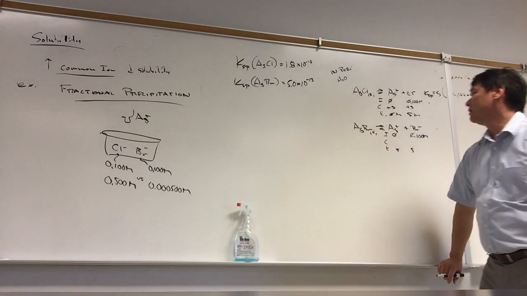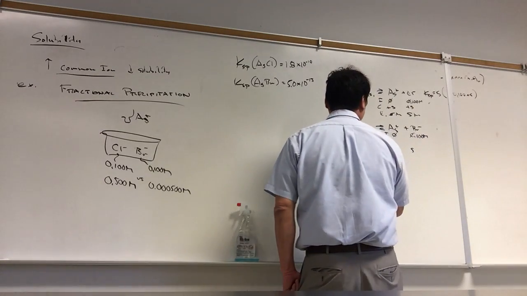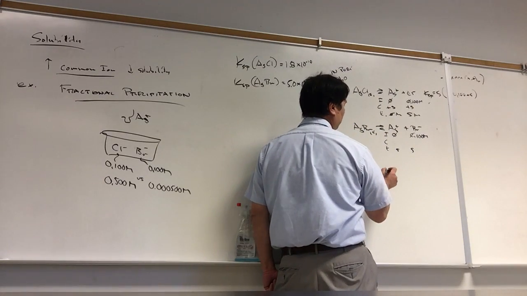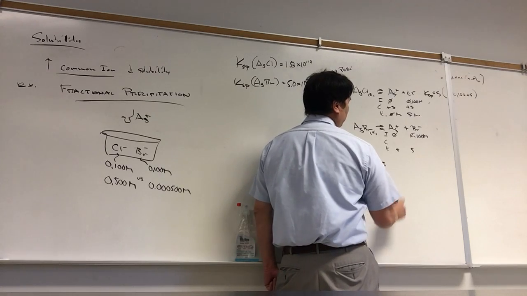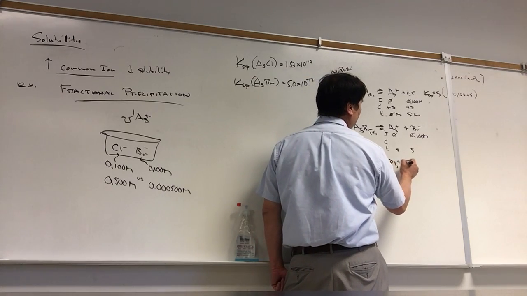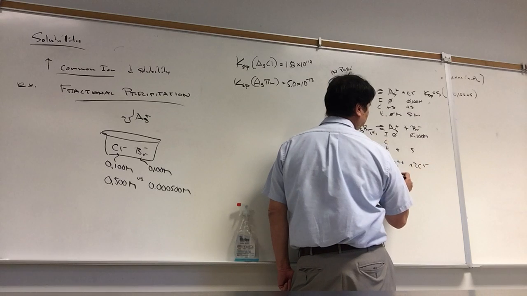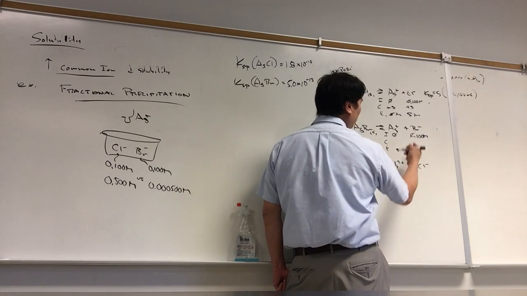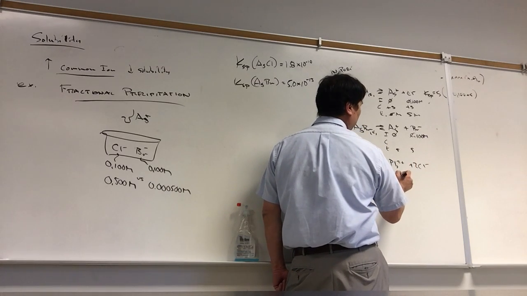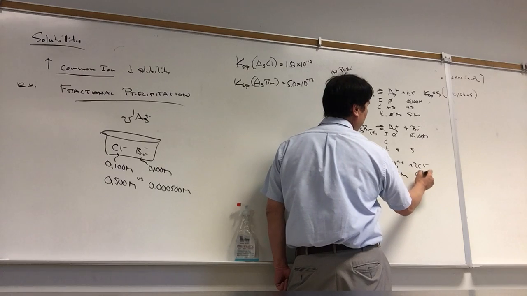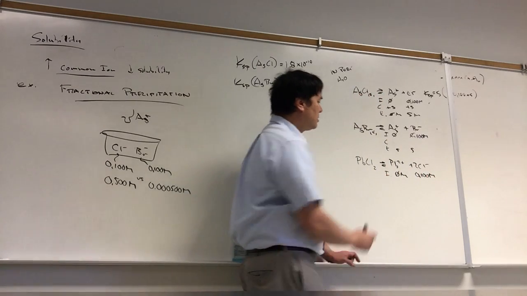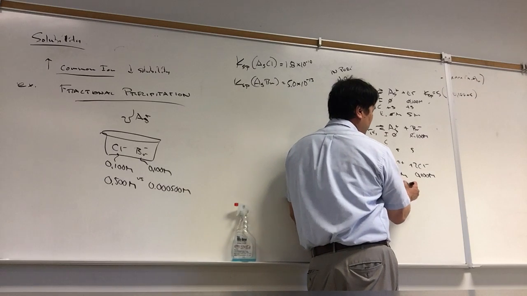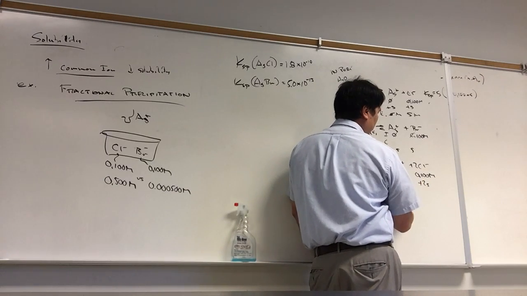Versus if I did this, let's say I had PbCl2. PbCl2 is going to go to Pb2 plus and 2 chlorides. If I have 0.100 molar chloride there to begin with, as common ion, then it's going to have a different impact because in this case the change is going to be plus S and plus 2S here.